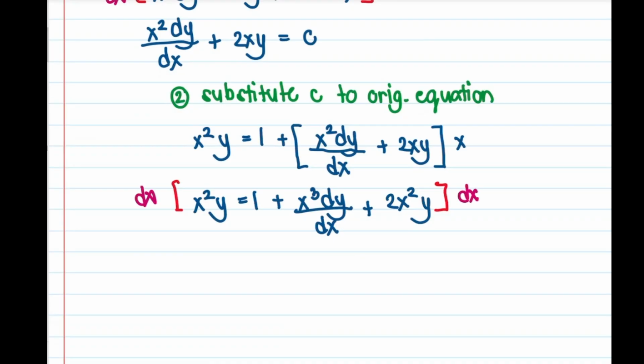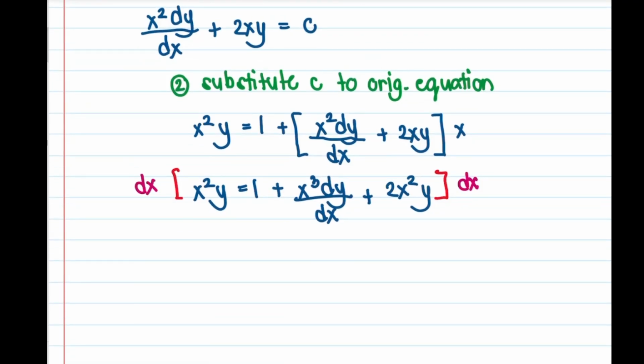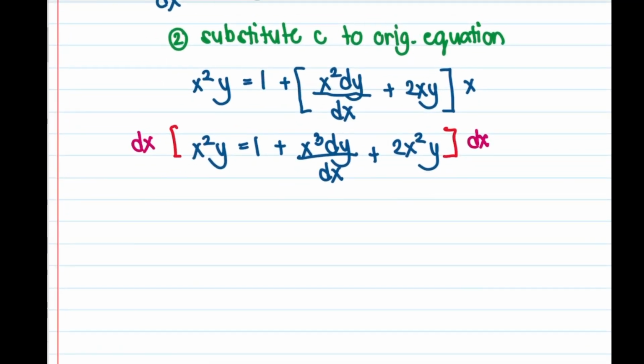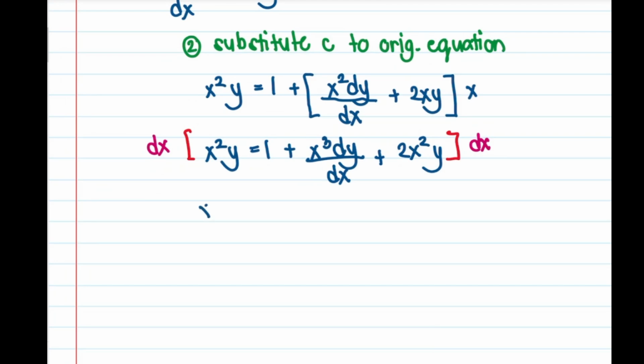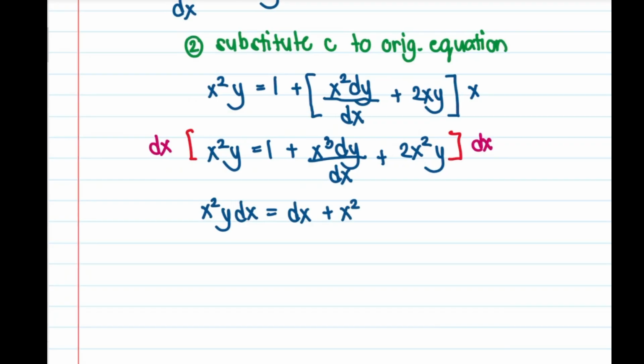So this one will be, distributing, x squared y dx equivalent to dx plus x cubed dy plus 2x squared y dx.